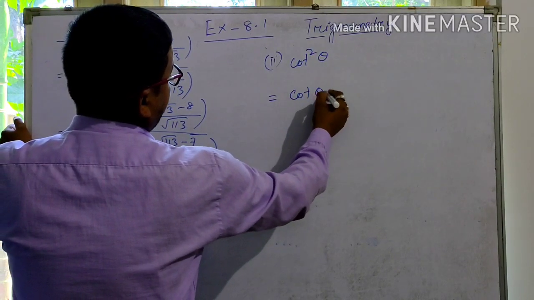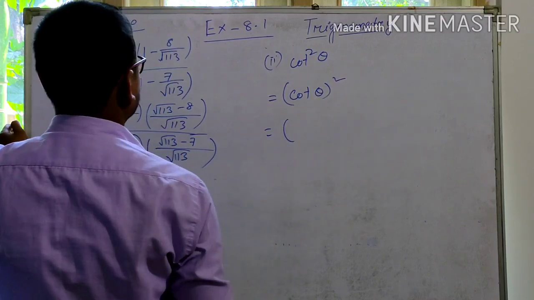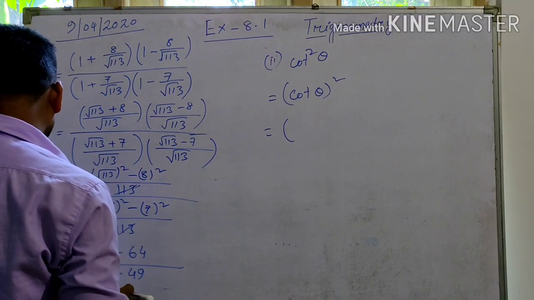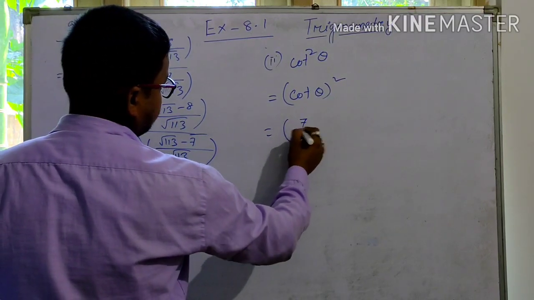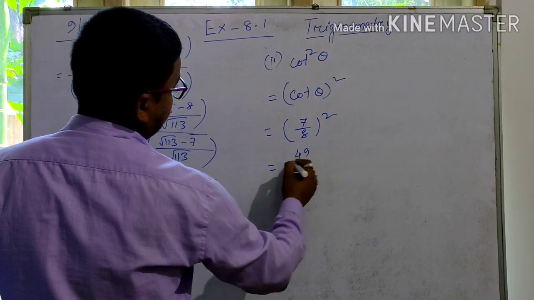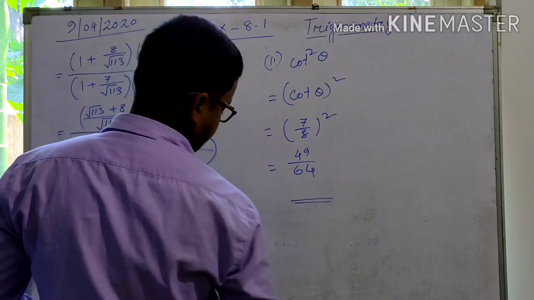We can write it as cot theta whole square. Already cot theta is given as 7 by 8. You put here 7 by 8 whole square. Then 7 square means 49 by 64. This is the required result.